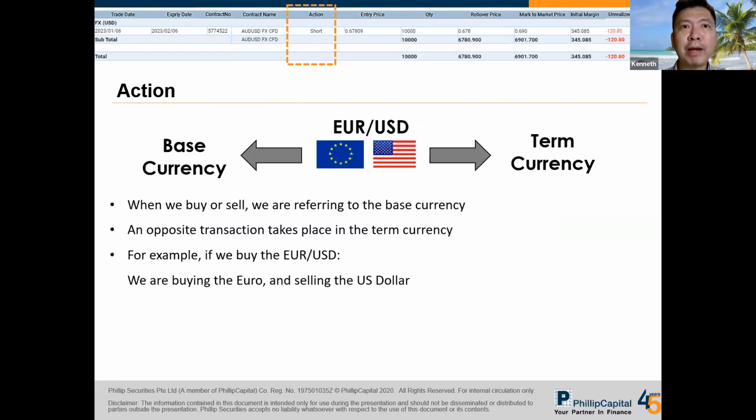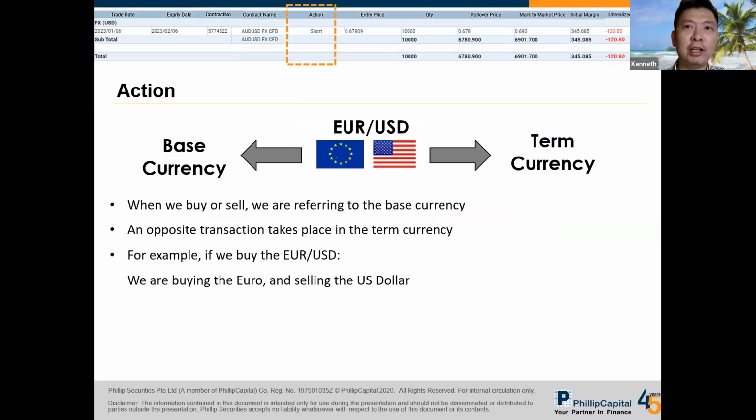For the pair of currency, the first 3 letters refer to the base currency, while the last 3 letters refer to the term currency. Remember, we're always paying or receiving in terms of the other currency. Using the money changer concept, think of it as buying 1 unit of the base currency by paying for it in terms of the term currency.